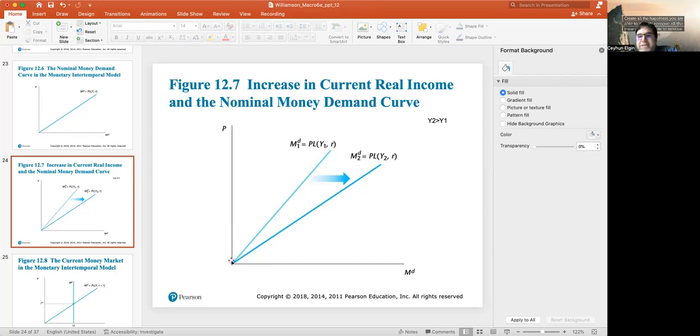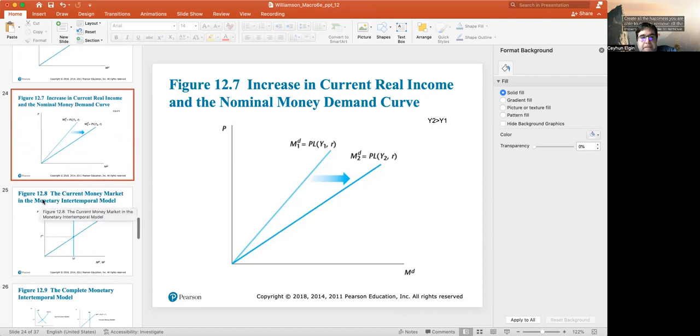Of course, if price level is zero, if everything is free, of course, you don't need money to make a purchase, therefore money demand is zero. But if the price level is positive, you have to carry a positive amount of money in your pocket. And if you have more income, for any price level, you carry more money in your pocket. And then this is the money demand.